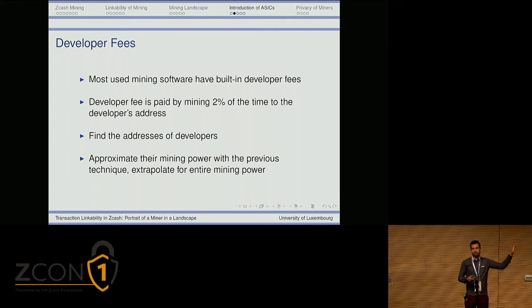So our method from here on was that if we can find the addresses of these developers, and then, based on the payouts that we have earlier linked and figured out, if we can estimate the mining power of these addresses, then if we simply multiply this mining power by 50, we can estimate roughly what the GPU power is, at least in Zcash.